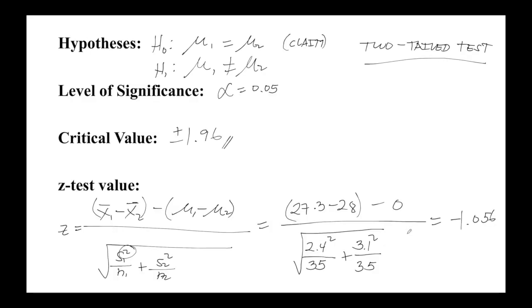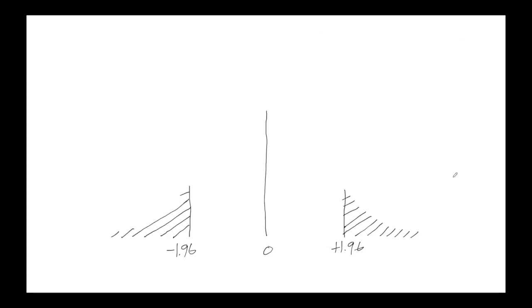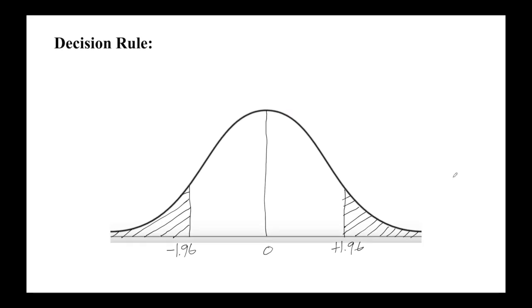Let's try to have our computed value, negative 1.056. As you can see, negative 1.0 is something around here. So, negative 1.056 falls inside the non-rejection region.